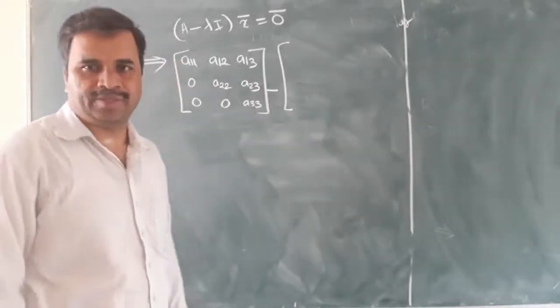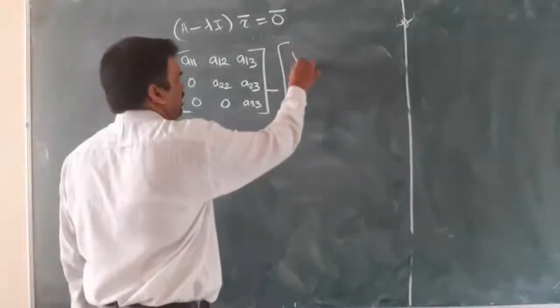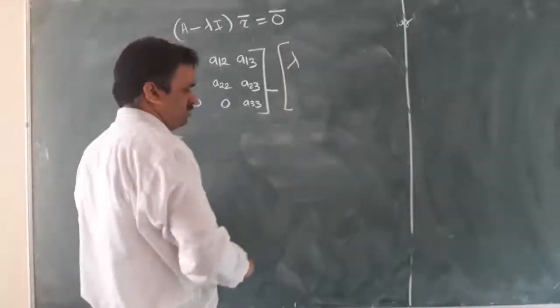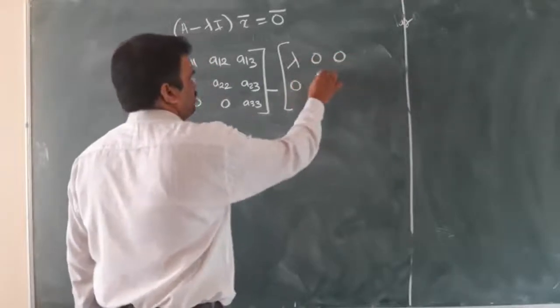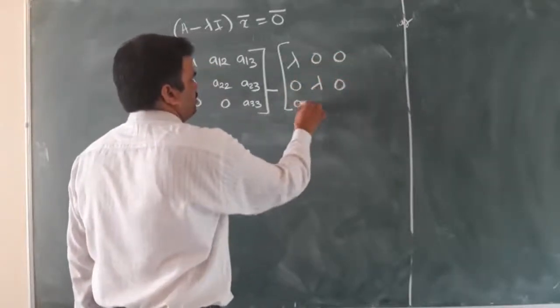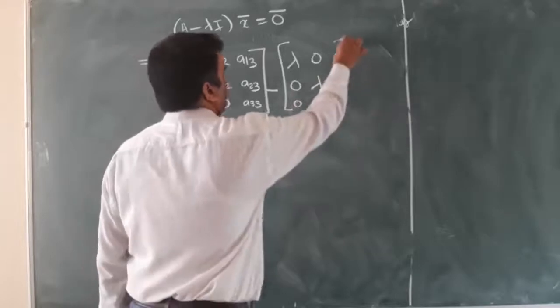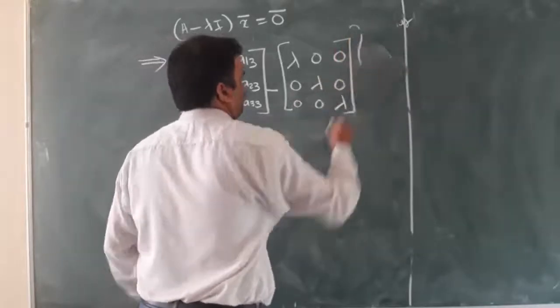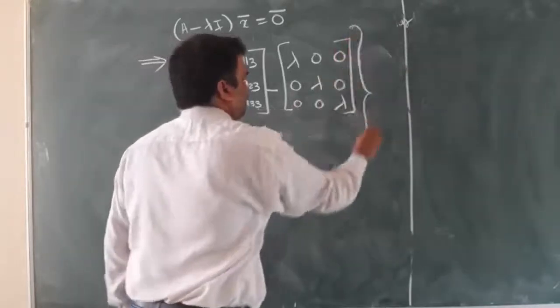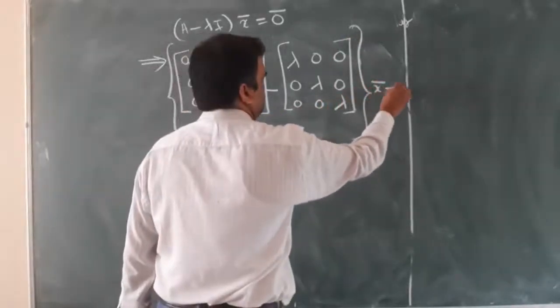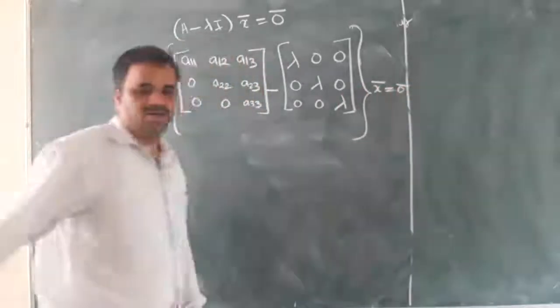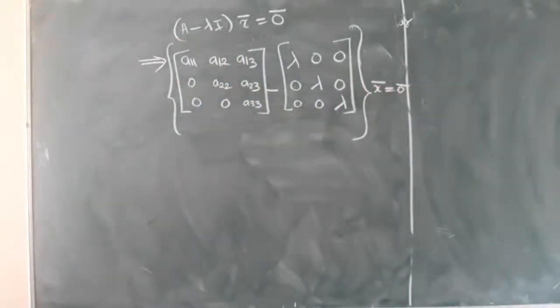We multiply with lambda, so we simply get lambda 0 0, 0 lambda 0, 0 0 lambda, of x bar equal to 0 bar.